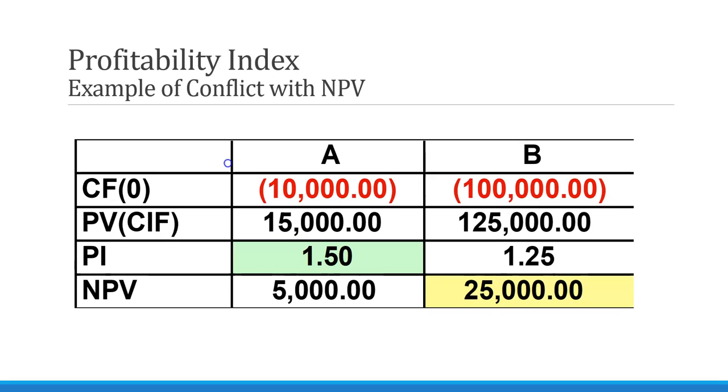And we can see this example here where we have the present value of cash flows and the initial investment, giving us two different profitability indexes, where the highest profitability index has the lowest net present value from the two projects. In this case, you would side with the net present value.